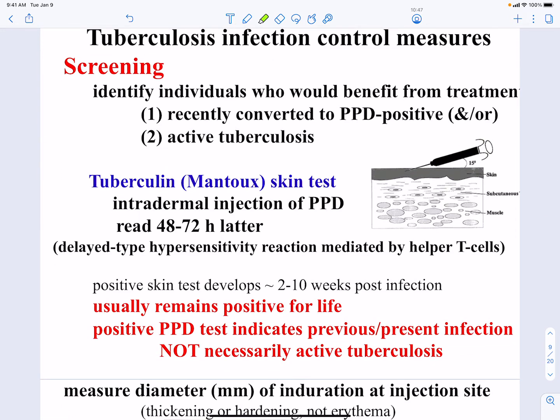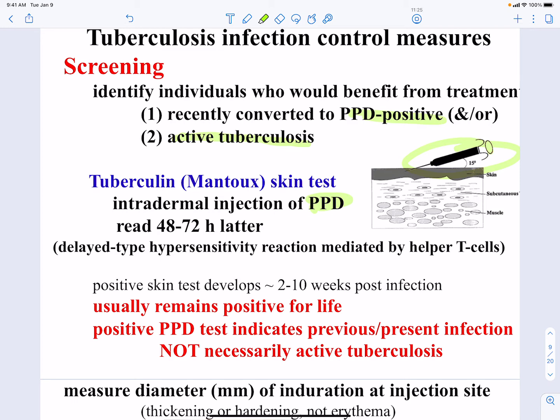So control measures are, of course, screening people. You want to identify people who need to have treatment, and those types of people would be those that are PPD positive or that have active tuberculosis. The Mantoux skin test is, again, that injection of your PPD antigen from the bacterium, and then you see this response 48 to 72 hours later. It is a delayed type hypersensitivity reaction in which your helper T cells are interacting with macrophages at the site of the injection.